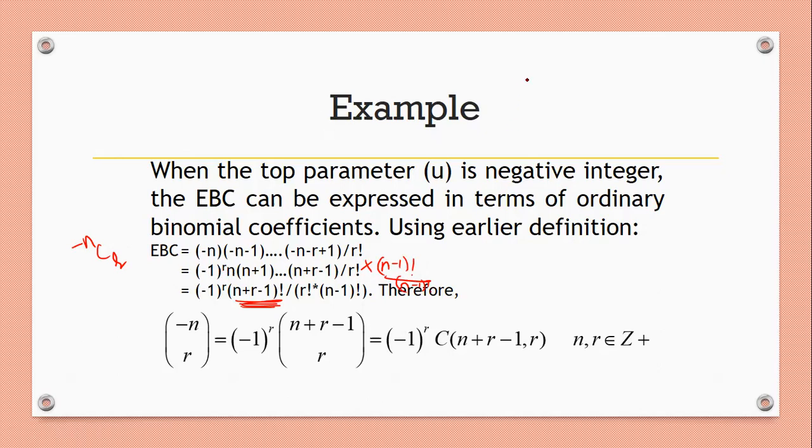Suppose you find 6 factorial, you will have to write it as 6 into 5 into 4 into 3 into 2 into 1. That is, your last term should be 1. So over here our last term is n. Okay. So after n also we need n minus 1, n minus 2 and so on up to 1. That is the reason we are multiplying it with n minus 1 factorial, both the numerator and denominator.